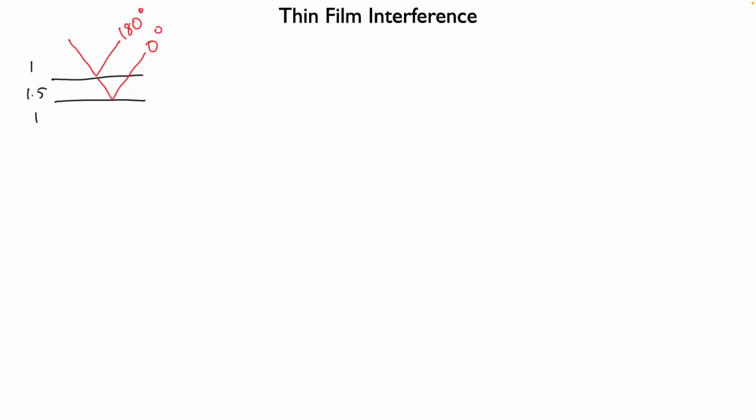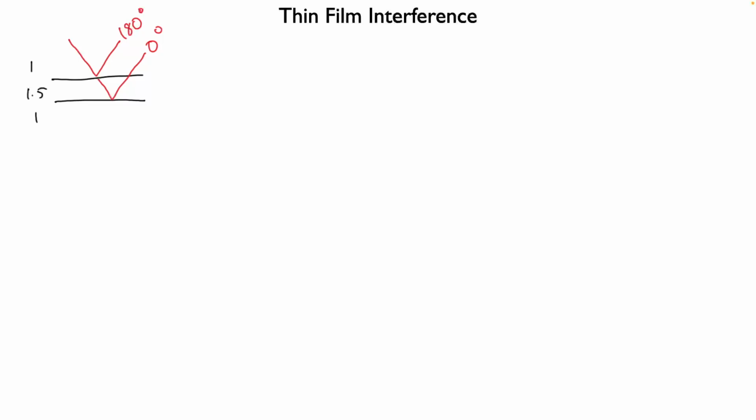I didn't draw the ray that goes down through into the next one. You can safely ignore that one. It's not important. Okay? What's important is keeping track of the phase changes at the top and bottom of your film. You must do this every single time. Okay? You're going to draw this picture, and then you're going to determine what the phase changes are.